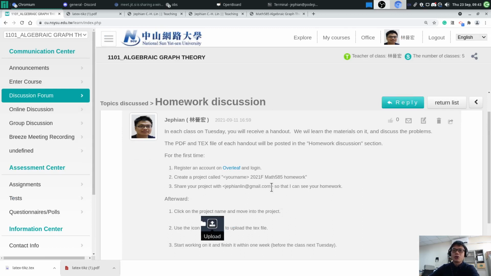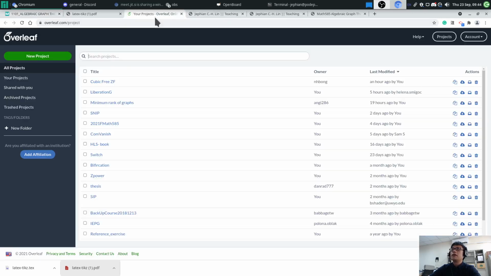It is like you share your project with me, and then I will go to your project and read your homework. Okay, so for the first time, that's what we are going to do now. Register an account on Overleaf, and just click on the link. Or just Google Overleaf. It is easy to see that. It is something green, looks like this. Okay, so you will see some web page after you register an account.